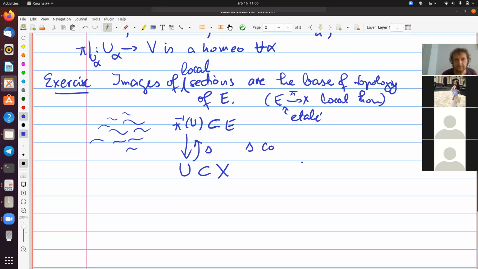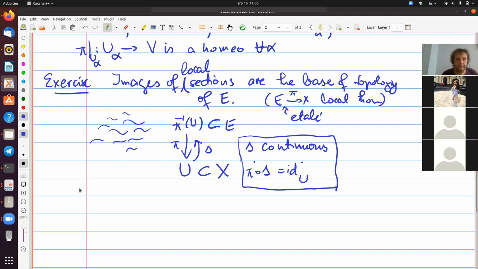S is continuous, and if you first do S and then π, you get the identity on U. Or if you want, this is π on π to minus 1 of U. Okay, so this is a section.